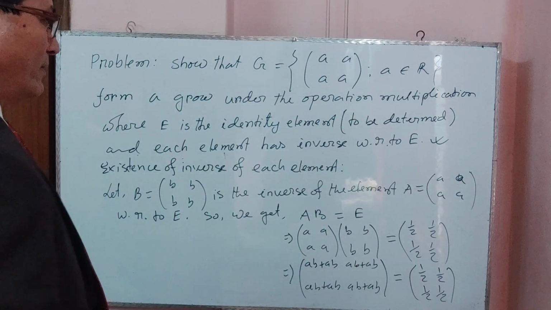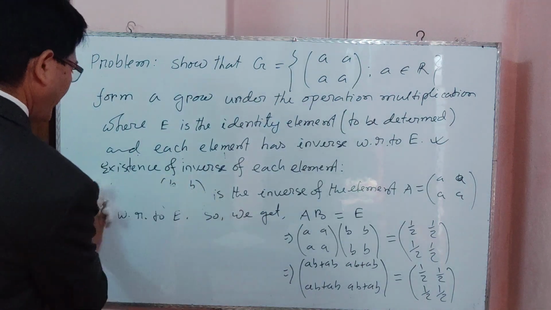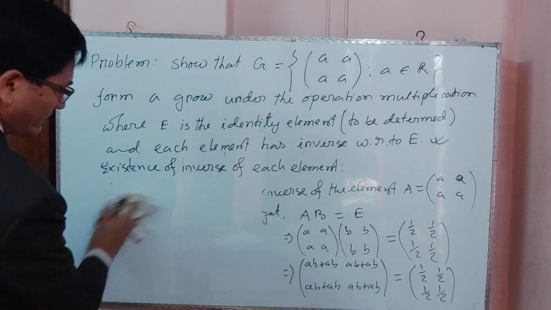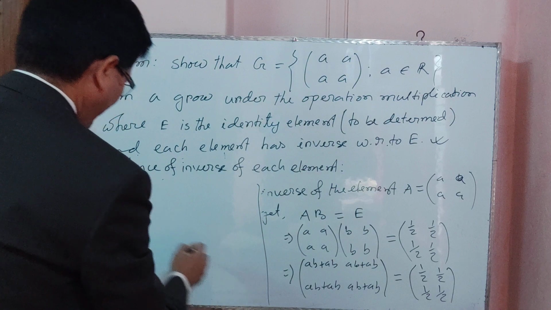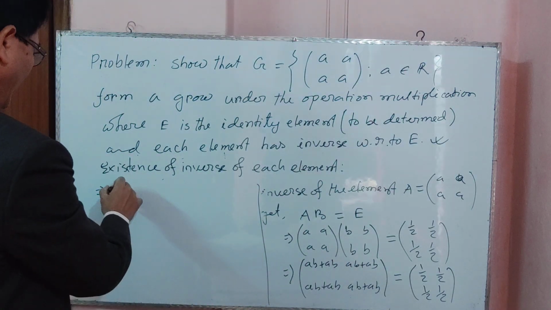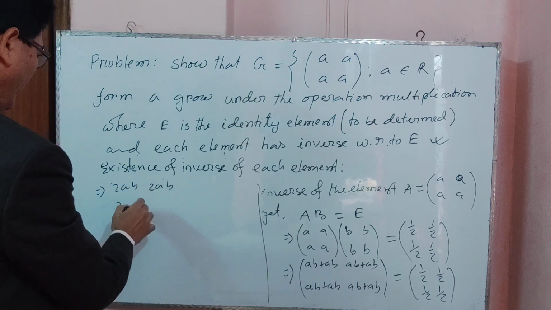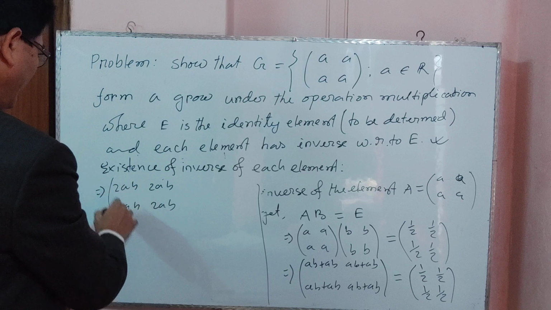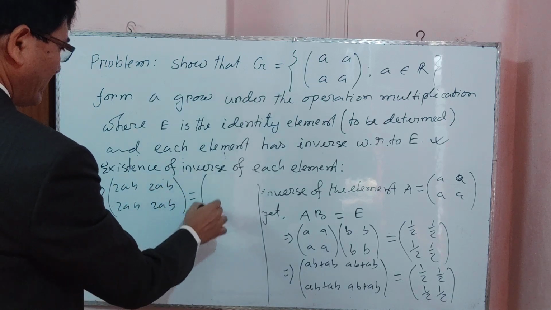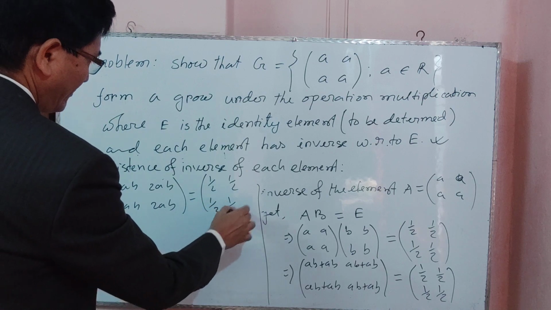So 2AB, 2AB, 2AB, 2AB equals half and half.